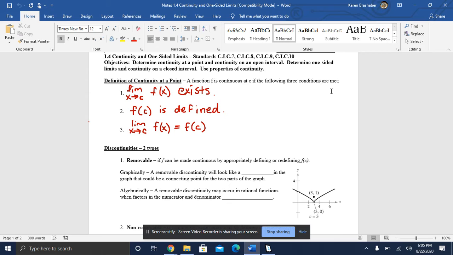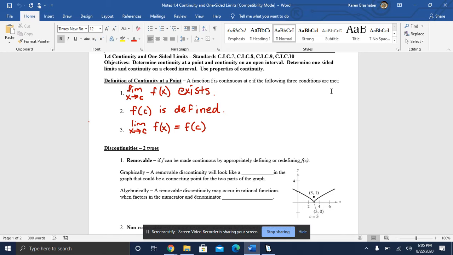Remember, c is an x value, if the following three conditions are met. Number one, the limit as x approaches c of f of x exists. So we must have a limit that meets all the conditions of existing.